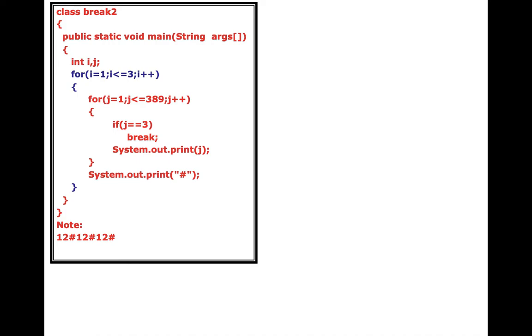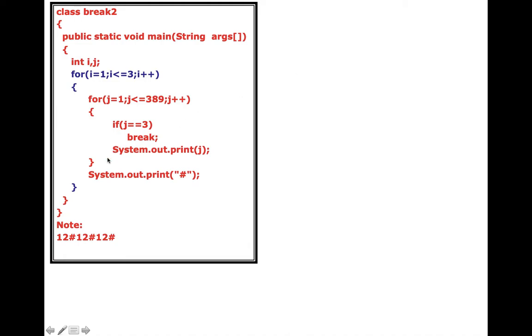Now compiler comes inside j loop. This condition is very simple. True or false? False. Break will not execute. SOP j will display what? 1. So keep in your mind till here 1 is displayed.